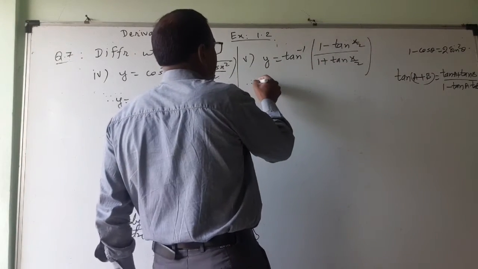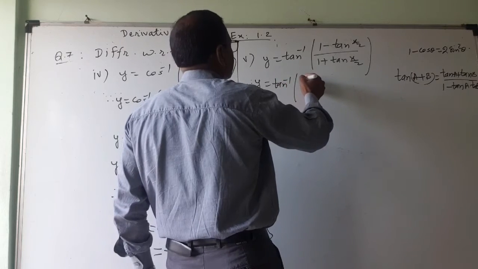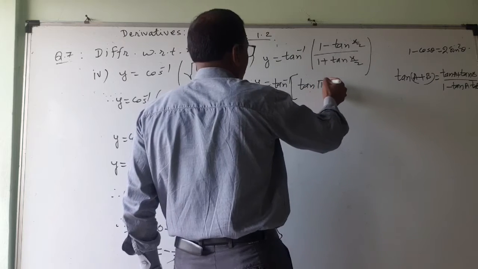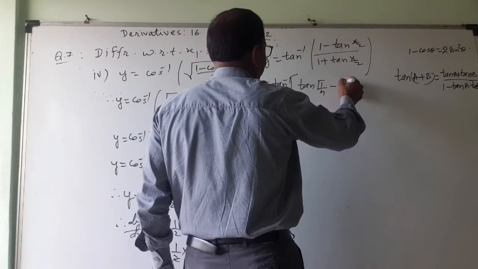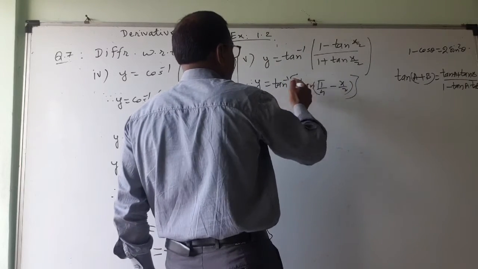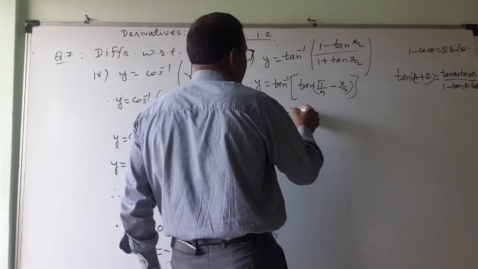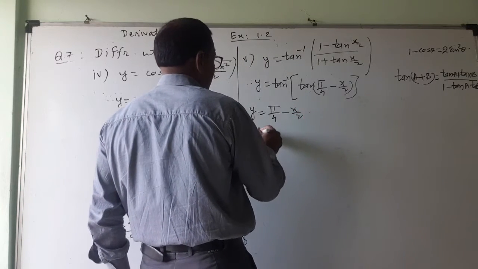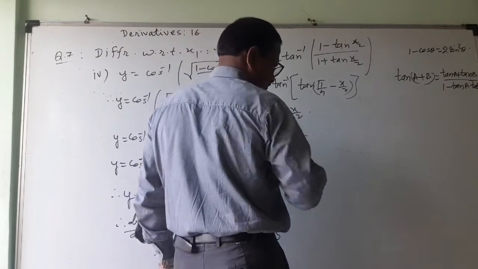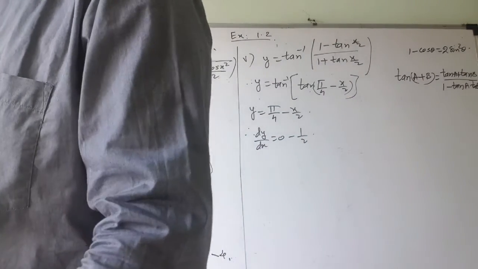Therefore y is equal to tan inverse of tan of pi by 4 minus x by 2, and this tan inverse tan cancels. So y is equal to pi by 4 minus x by 2. Therefore dy by dx is equal to 0 minus 1 upon 2. So directly I have written, this is generally for a 1 mark or 2 marks sum.